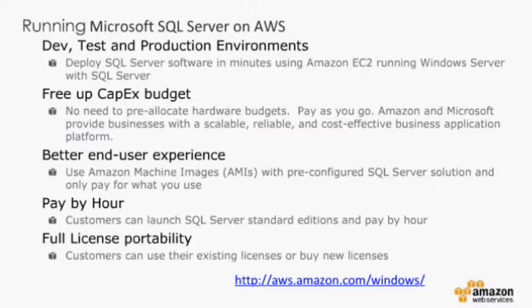So those same deployment steps, creating a new account, looking for SQL Server AMIs, available now in SQL Server 2008 as well as SQL Server 2012, and launching those instances from our console gets you to a running instance.